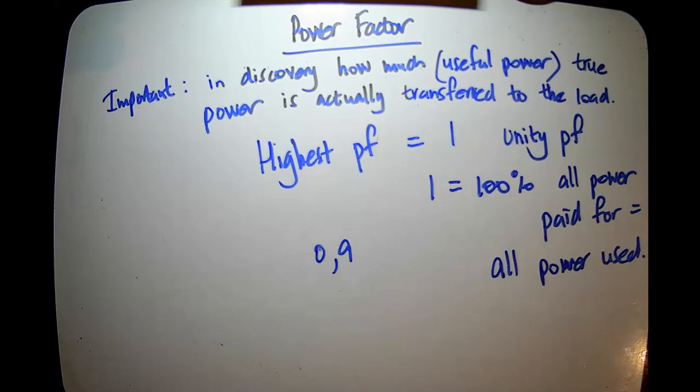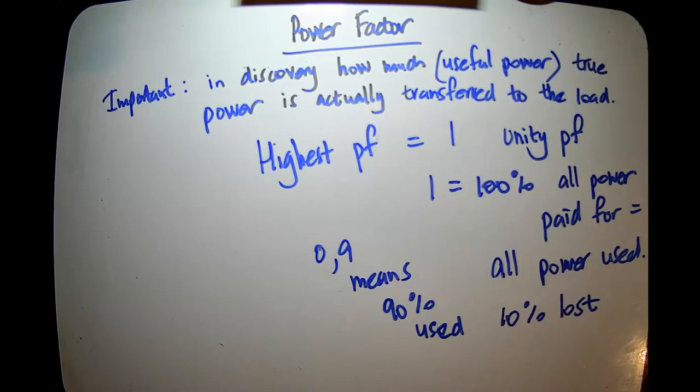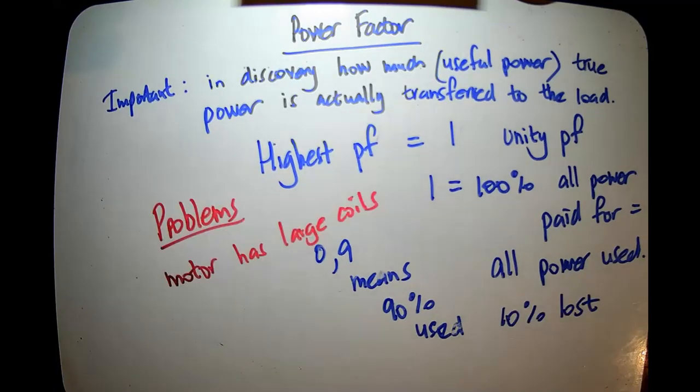So let's say, for example, you have 0.9. This means I'm only using 90%. 10% is being lost. Okay? The problem is motors: they have very large coils. And so when you switch on the power, they cause a lag, as we've learned in RLC circuits.